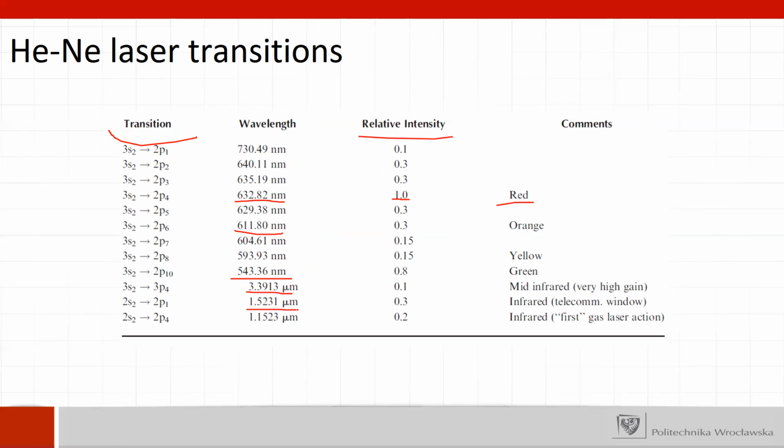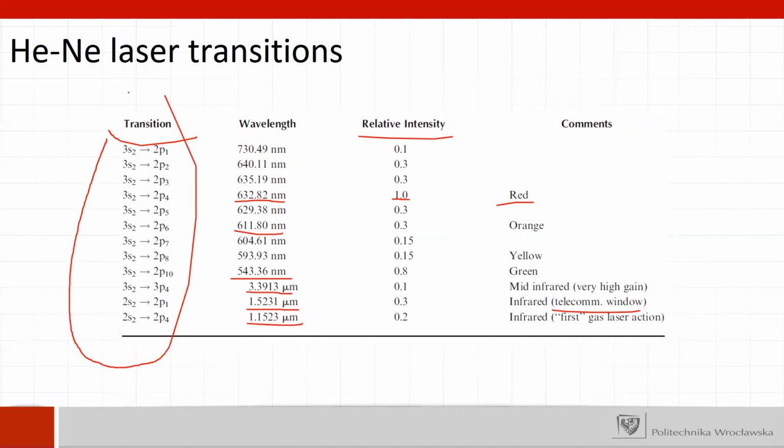An infrared transition at 1.52, which overlaps a little bit with the telecommunication window. And the first, let's say, transition, which is 1.15 micrometers in the infrared. So you can see that we can cover a pretty broad range from the yellow up to the infrared with helium neon, depending on which transition we choose, right?